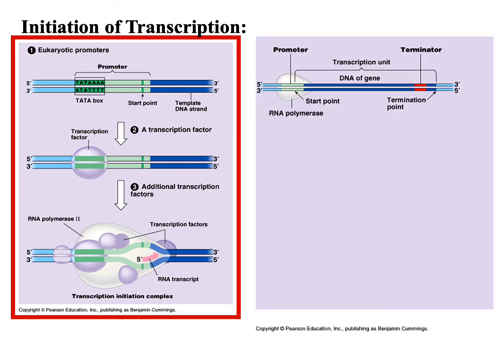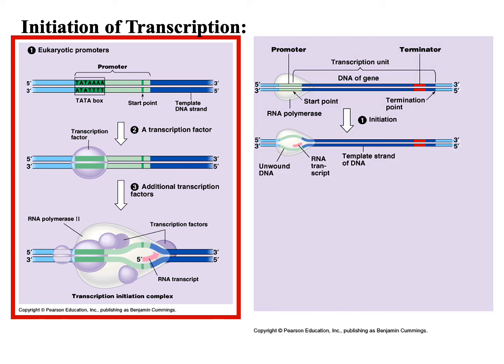So let's put this all together. You have the promoter of the gene that is recognized by additional protein transcription factors as well as the RNA polymerase. Those components engage with the promoter to initiate transcription. The helicase component of the RNA polymerase unwinds the DNA and allows for the polymerase component to begin synthesizing the RNA transcript.